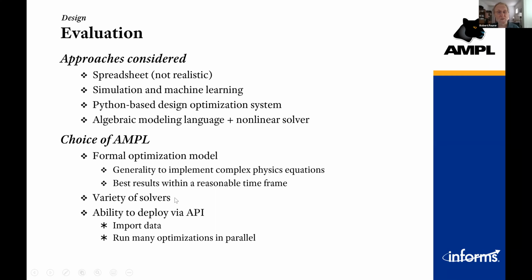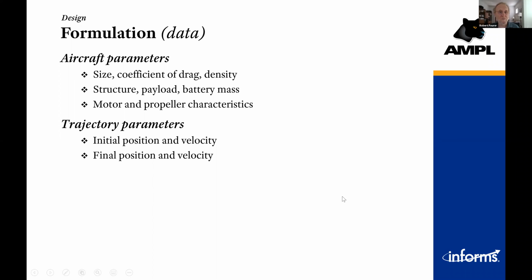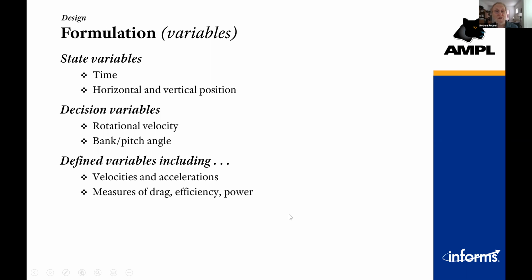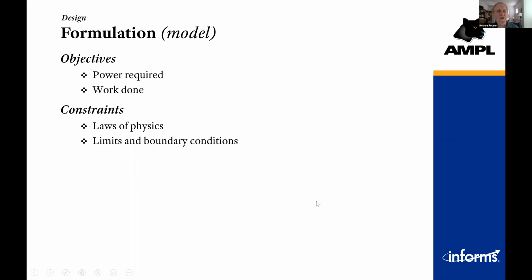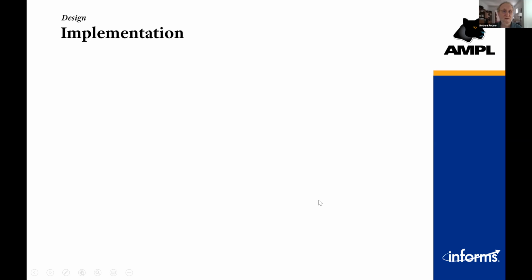It would let them try a variety of solvers, and it would let them deploy via APIs to a large number of processors to run many optimizations at the same time. Again, the formulation involves data, and again, I won't go through the formulation slides in any detail. There are various kinds of variables, and I'll just say more about the implementation.